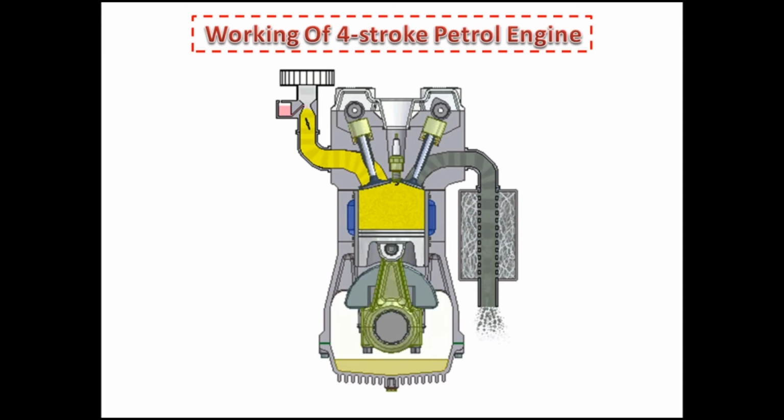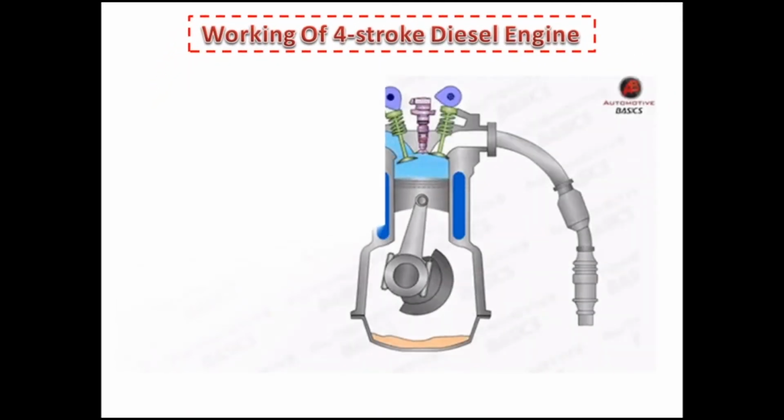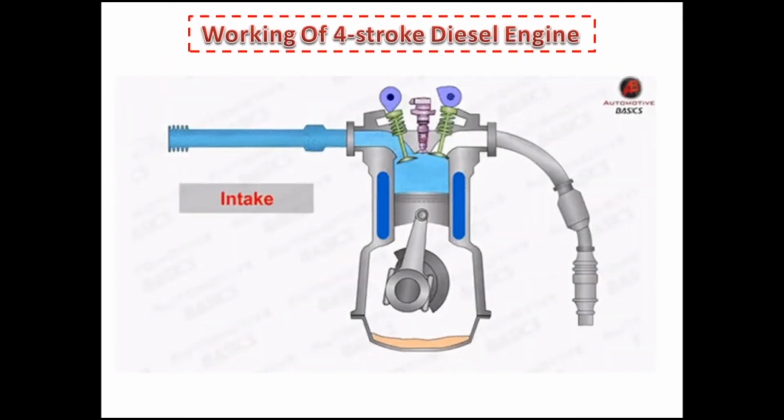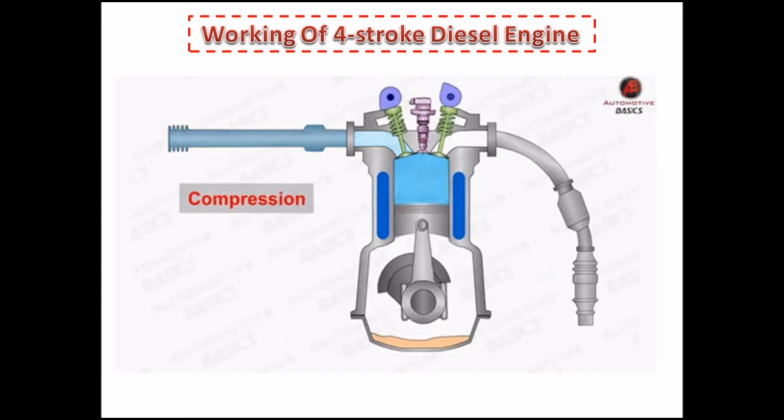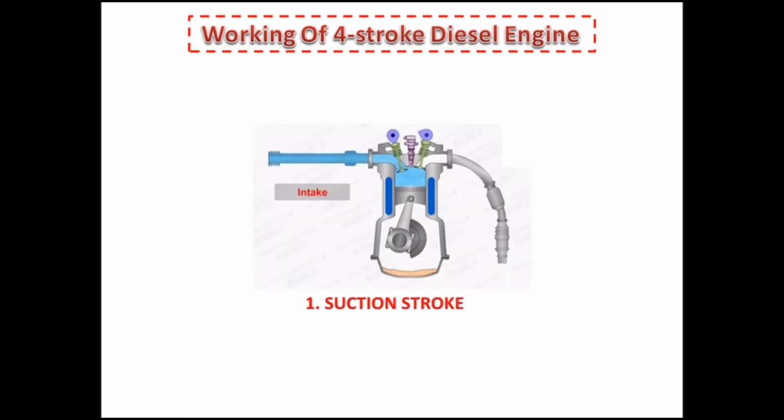Now let's see the working of the 4-stroke diesel engine. Same as the petrol engine, we cannot understand what is happening inside the cylinder by seeing this animation. So let's see separately. Okay, so this is the intake.